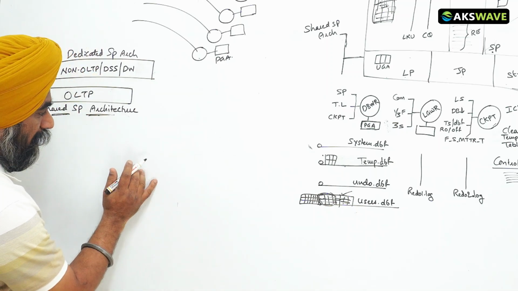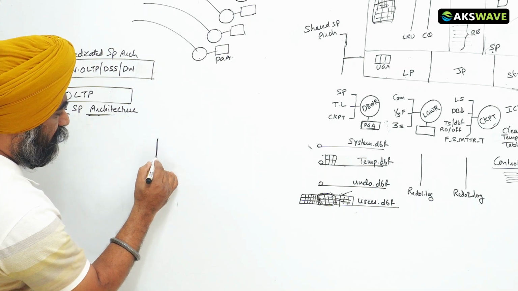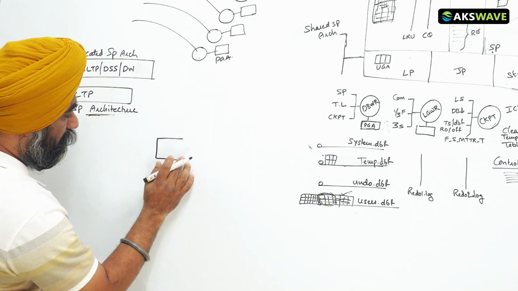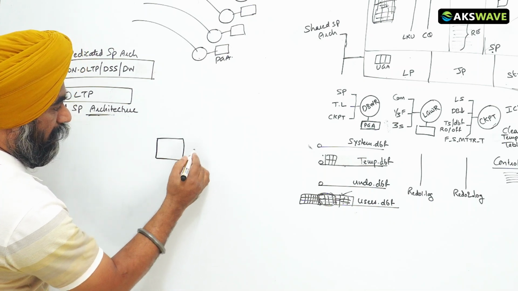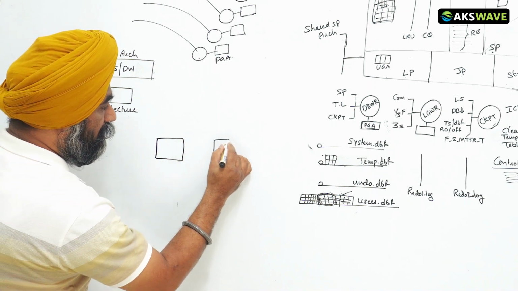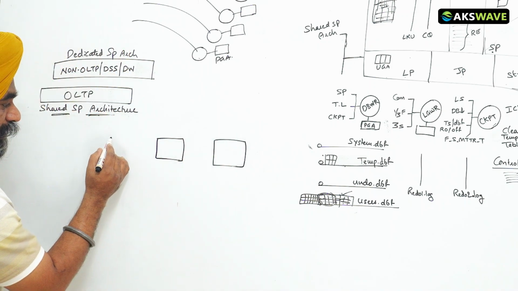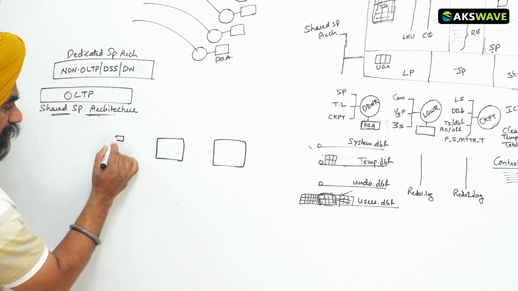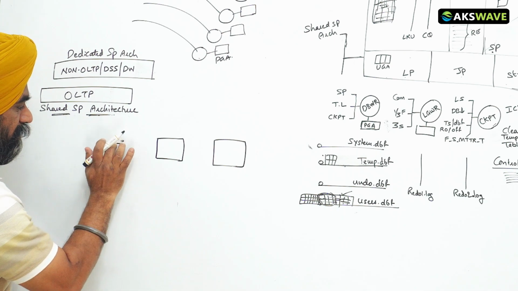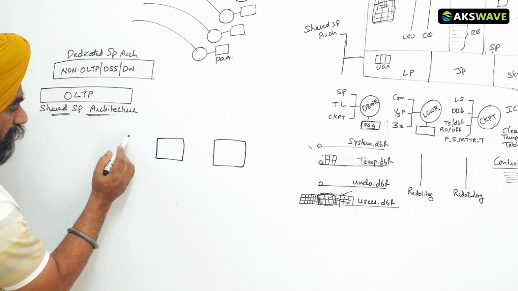I'll take a few examples. Let's say this is my application. This is my application server. And this is my database server. And here are the clients, or let's say, end users.